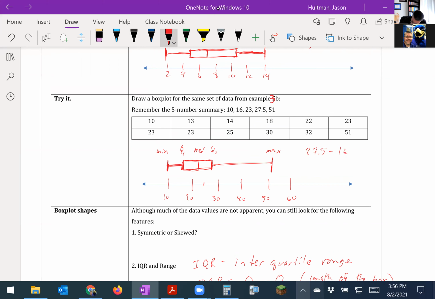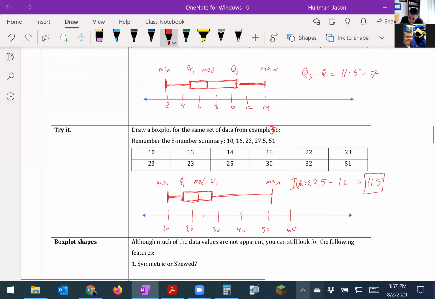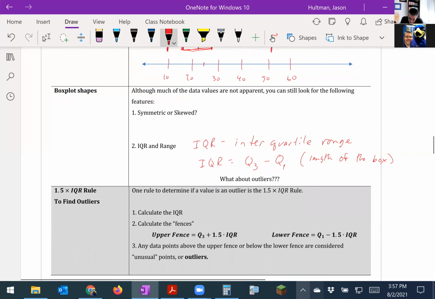This is the IQR, and it's going to be 11.5. Even though graphically it looked like a smaller box, that's just because the range of values we're going through is a lot bigger. So the interquartile range was 7 for one and 11.5 for the other.